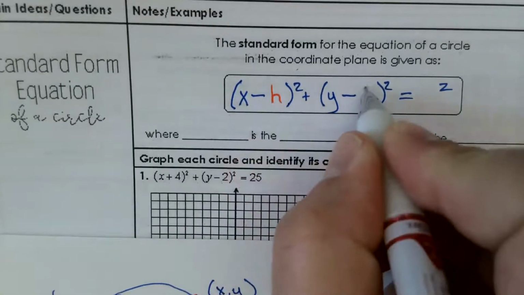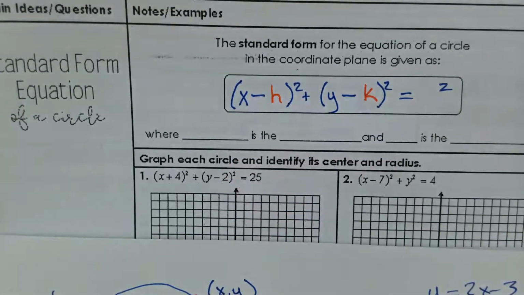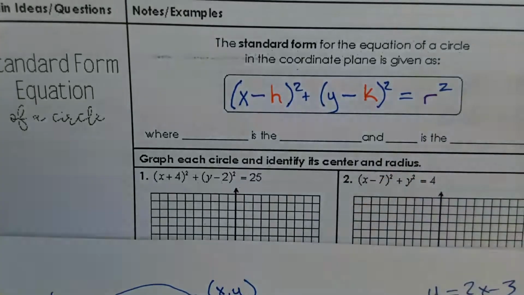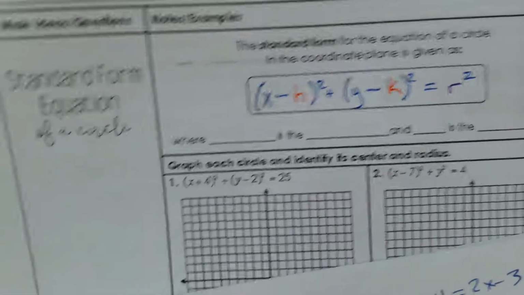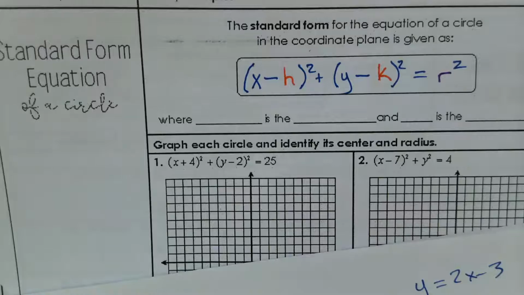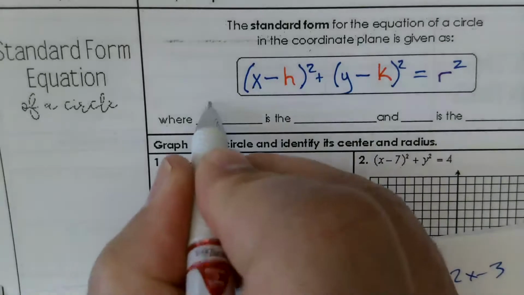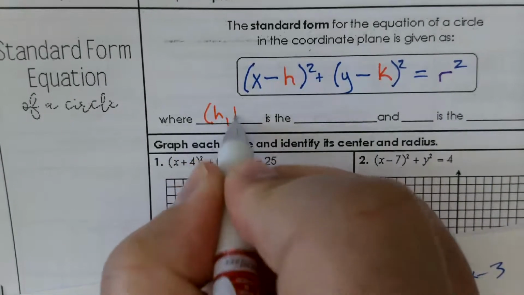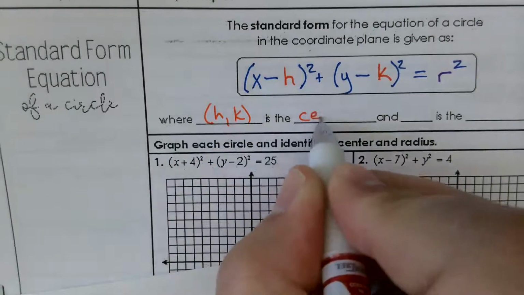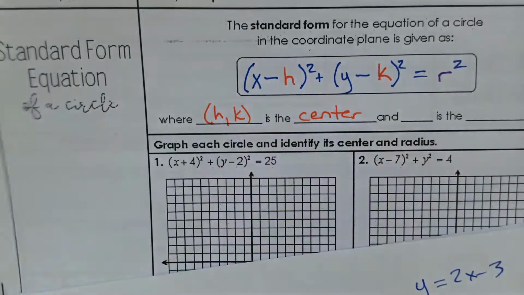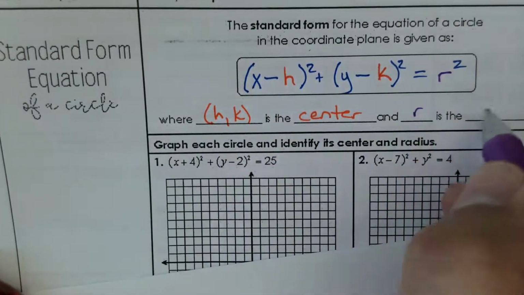And again, I'm adding in the h and the k there, and the r there. And in this equation, what we'll see is that (h, k) is the center of the circle, and r is the radius.